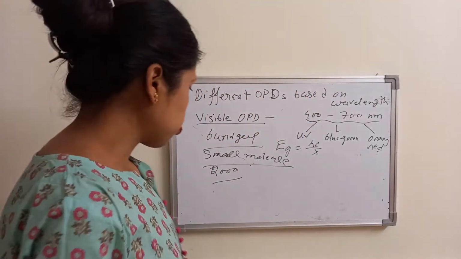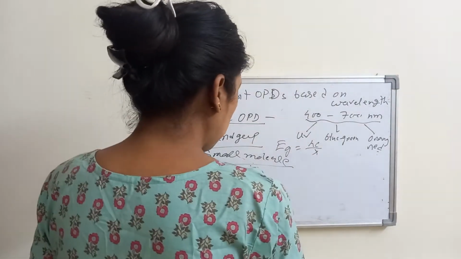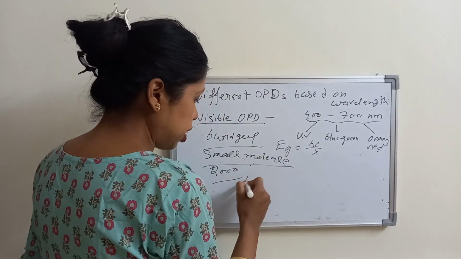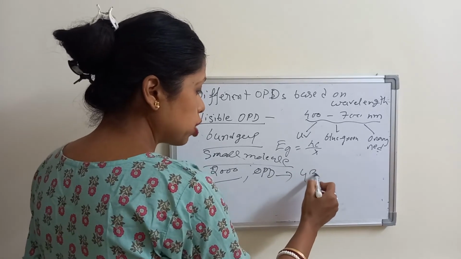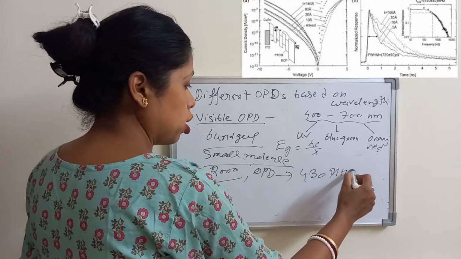Okay. So for that, a small molecule OPD is designed that can give 430 megahertz high speed.